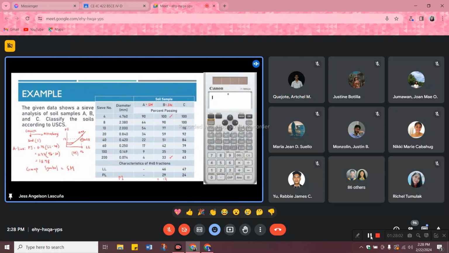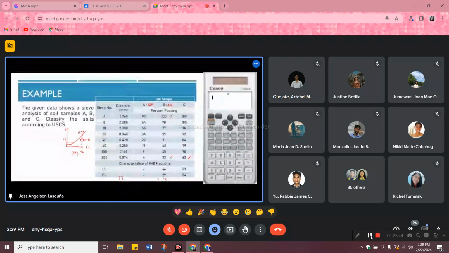Okay, for soil C. For soil C, number 200 is, where is it?